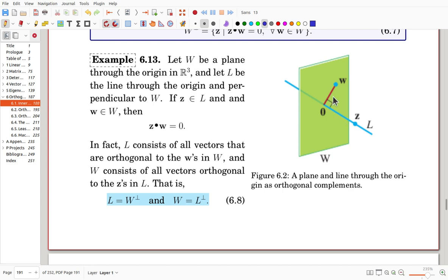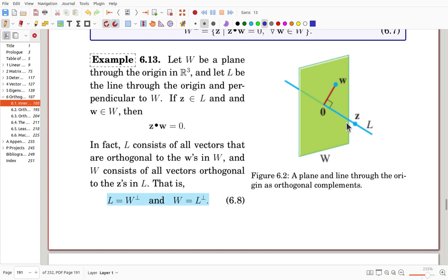If we choose any vector w from the plane and any vector z from the line and take the dot product, it must be 0 because they are always geometrically perpendicular.